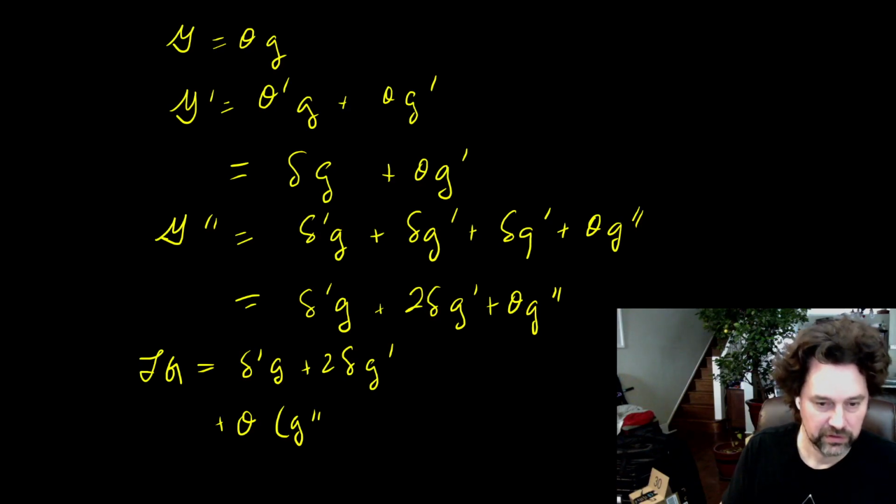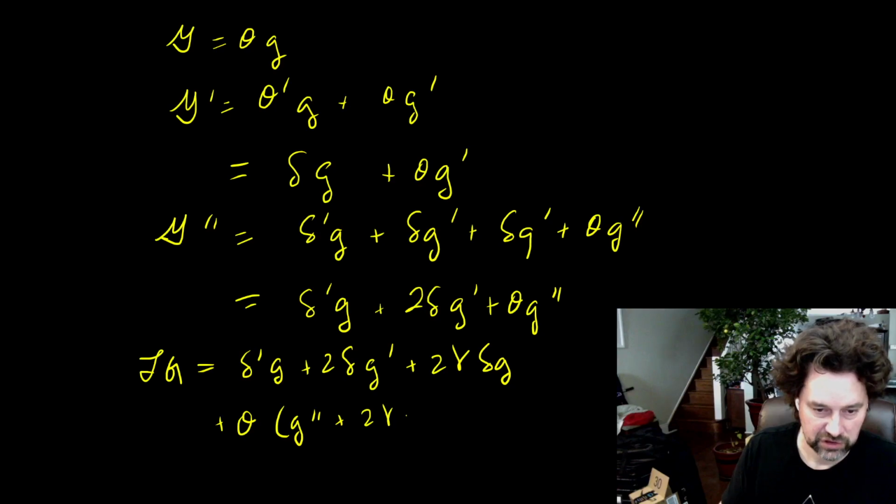Now we have plus 2 gamma times the contributions from our first derivative. So that's 2 gamma delta g plus 2 gamma theta g prime.